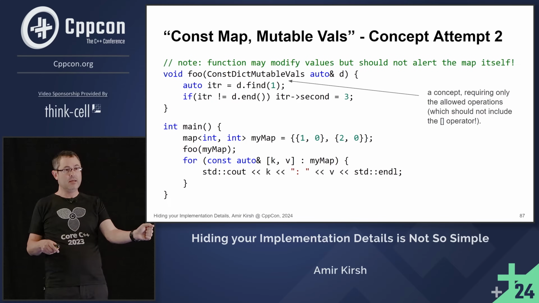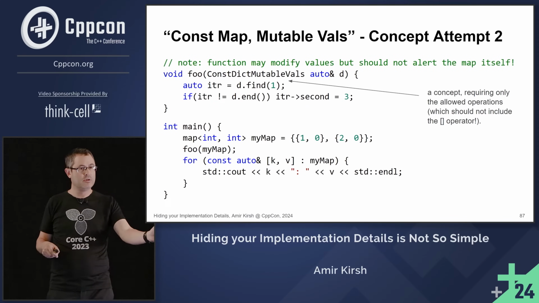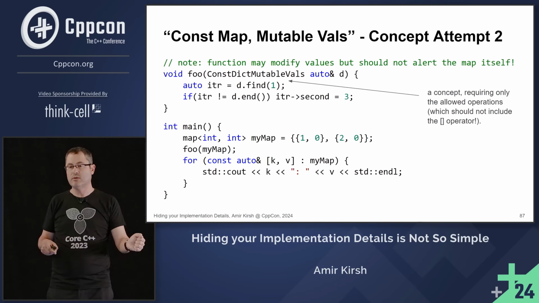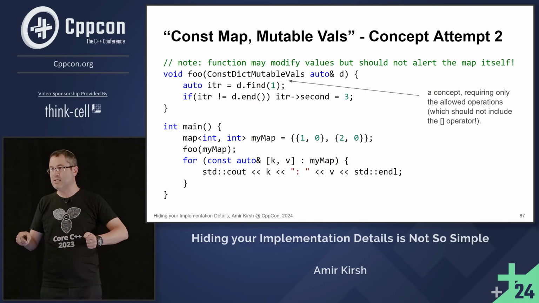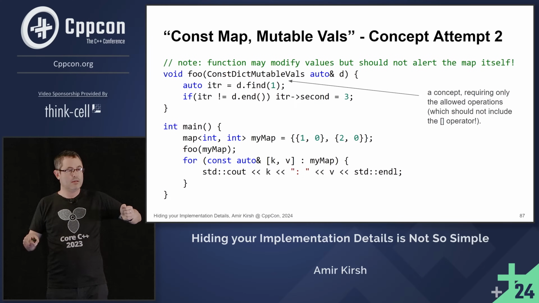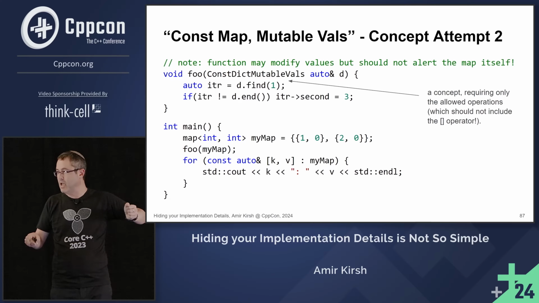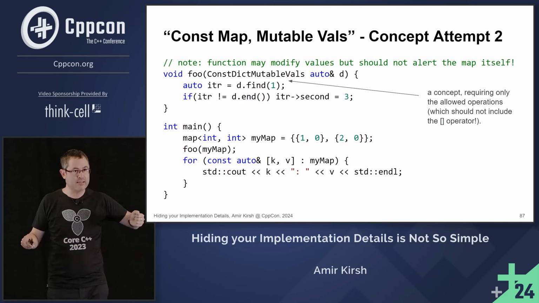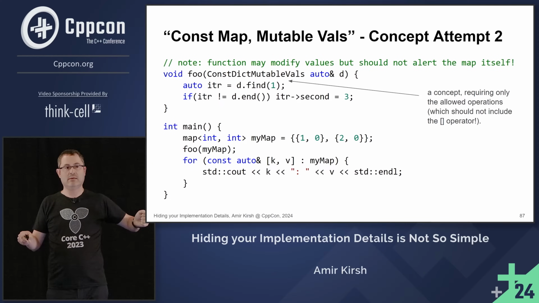Only the functions that you said that this argument would provide. I mean, if I have a class that adheres to the concept and provides only the functions that I say that you will get, your code would not compile for this test if you do something else with this argument.